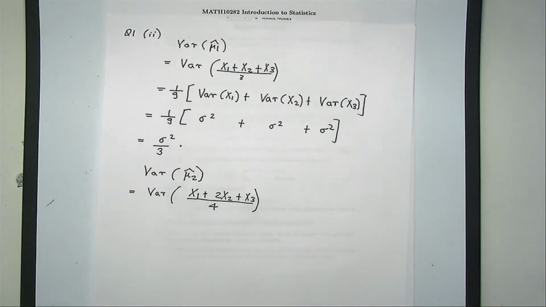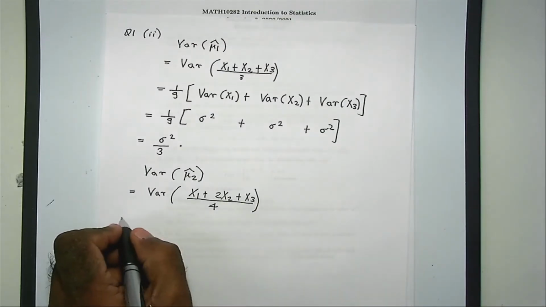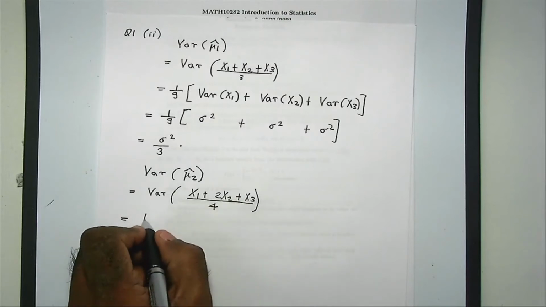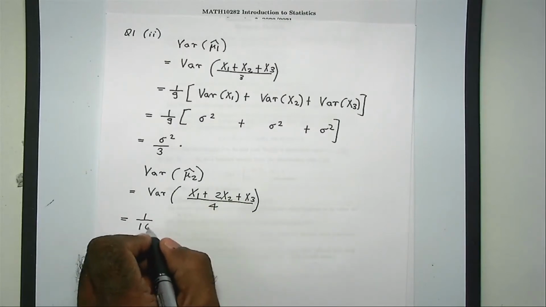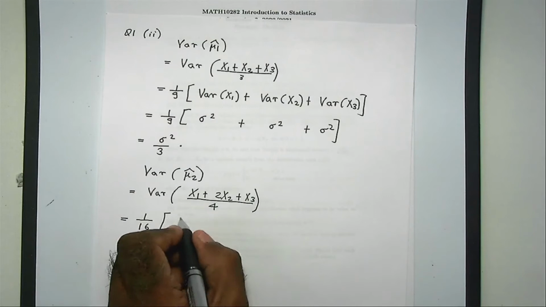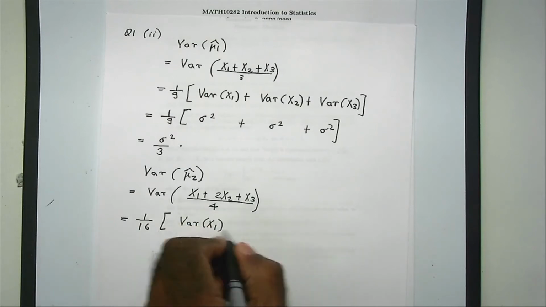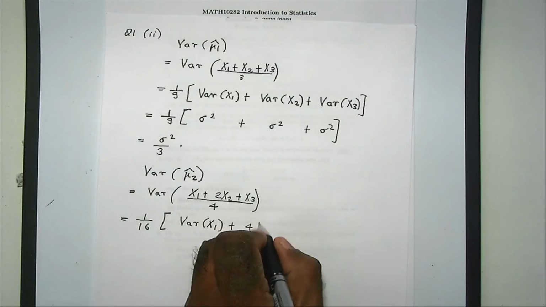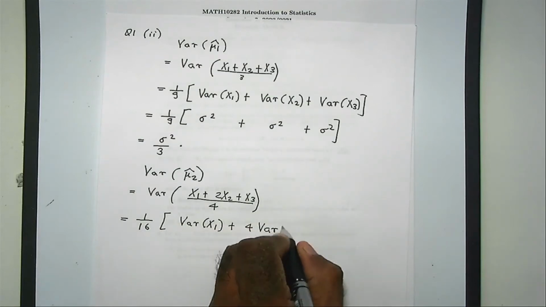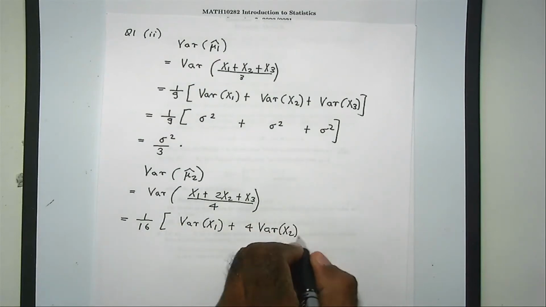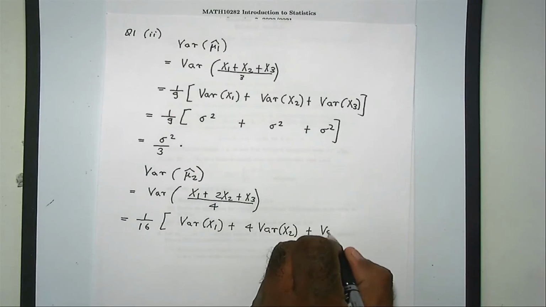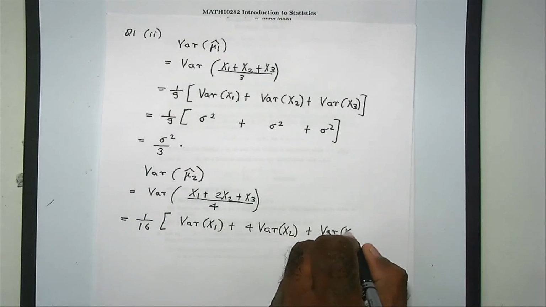And take the variance inside. If you pull out the 4 outside, it becomes 16. Then in brackets you have the variance of x1 plus 4 times the variance of x2 plus the variance of x3.